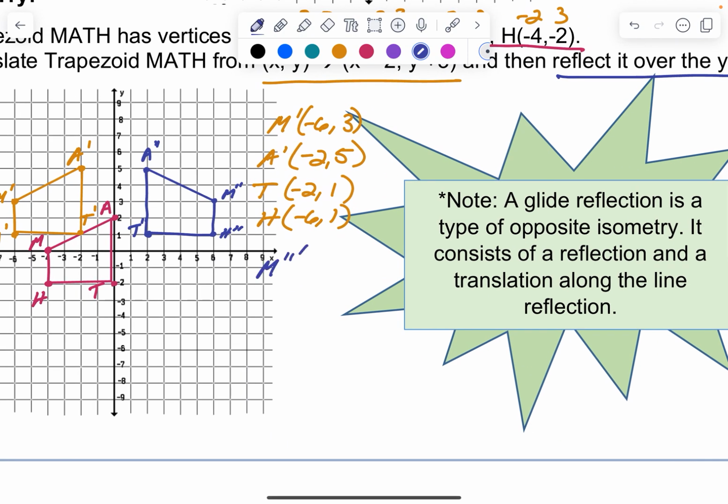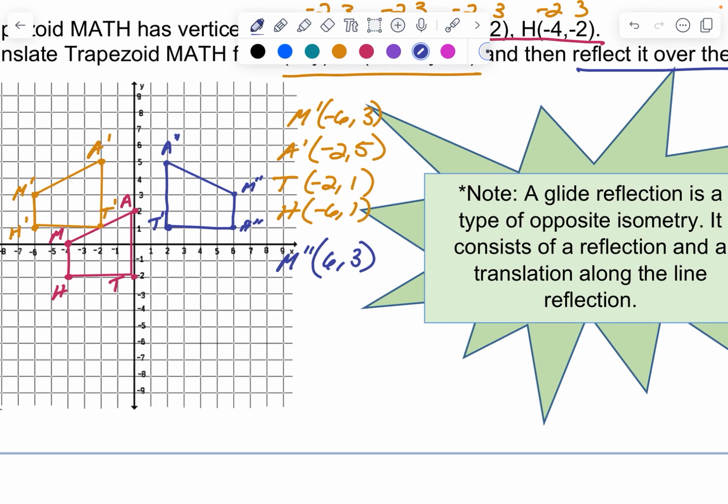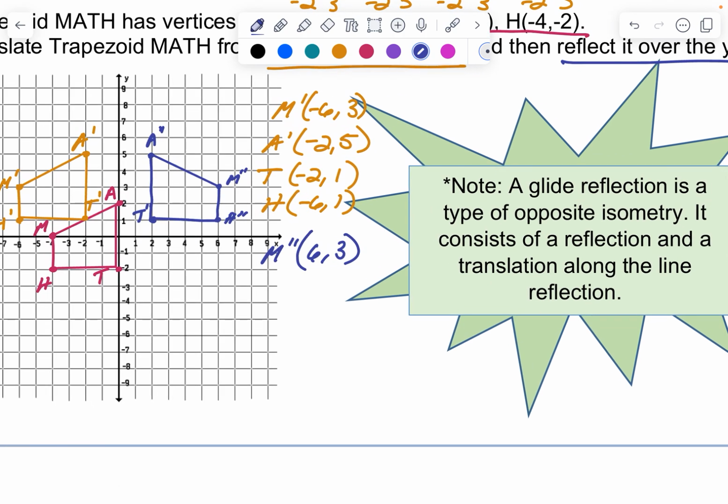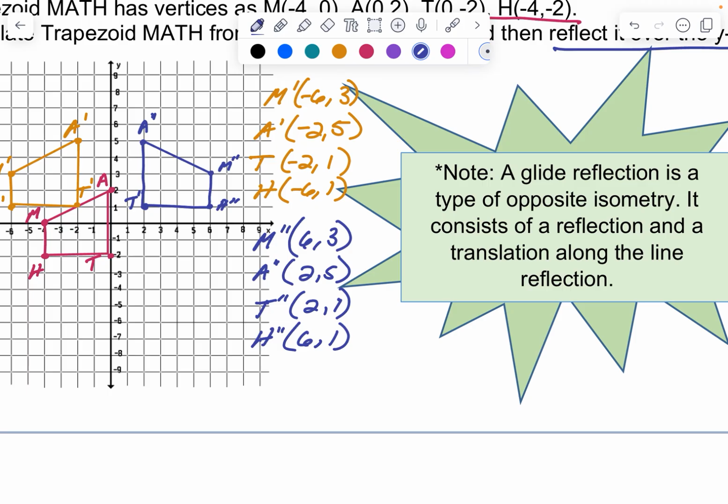So M double prime, (6, 3). A double prime is going to be (2, 5). And T double prime is going to be at (2, 1). And H double prime is going to be at (6, 1). There we go.